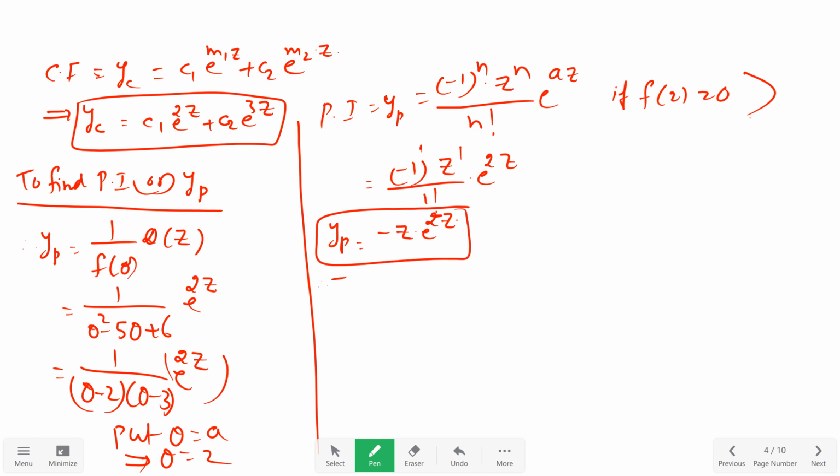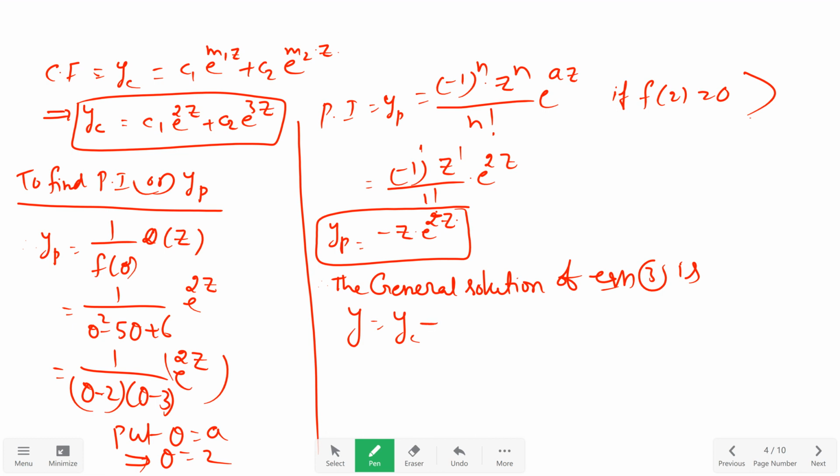Next we can find the general solution. So the general solution of equation 3 is y is equal to yc, the complementary function, plus yp, the particular integral.